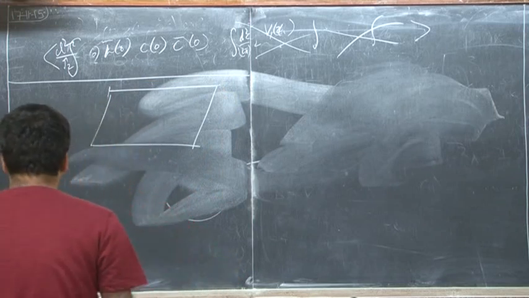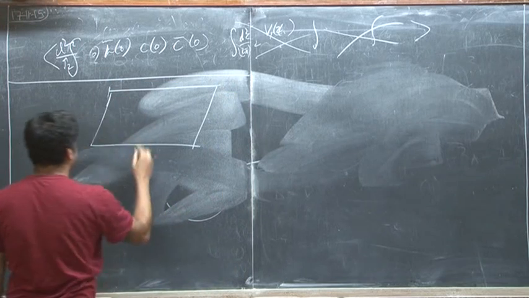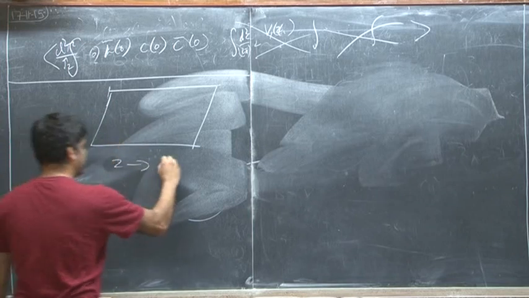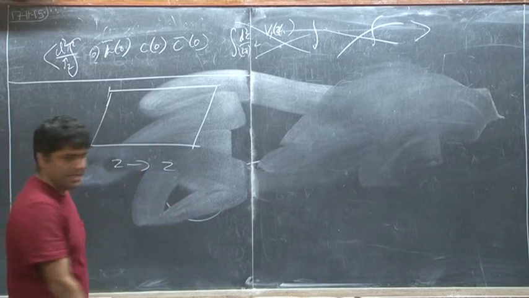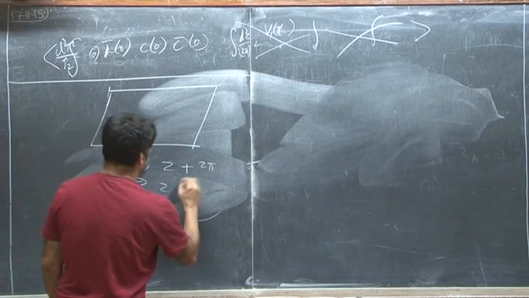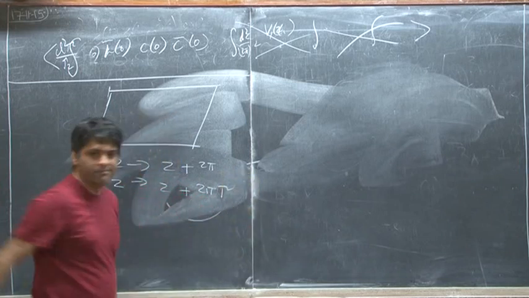This lattice had identifications. One of them, on the complex plane, was z goes to z plus 2 pi, and the second one was z goes to z plus 2 pi tau.